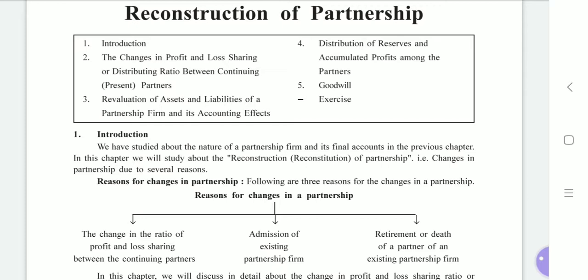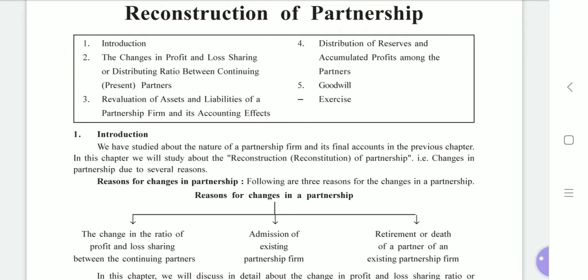Reconstruction of partnership, that is, several changes which are taking place in the ongoing partnership because of several reasons, of which the two important reasons are admission of a partner and retirement of a partner. Admission of a partner is our today's chapter, that is chapter 5, and retirement of partner is the very next chapter.